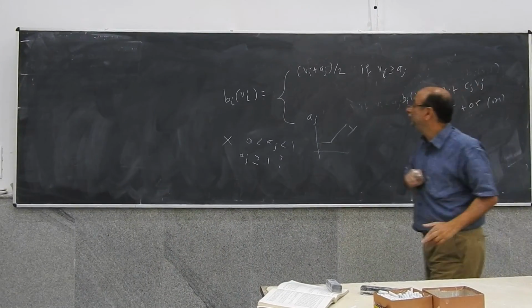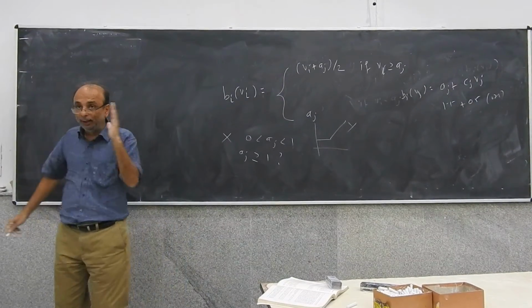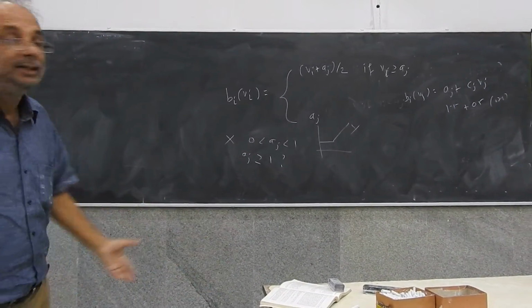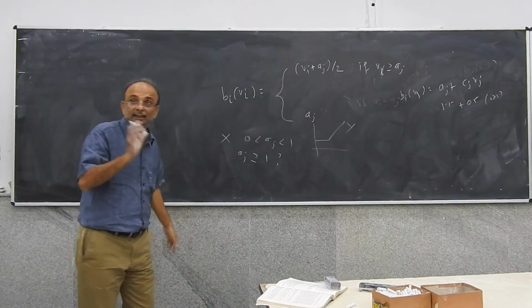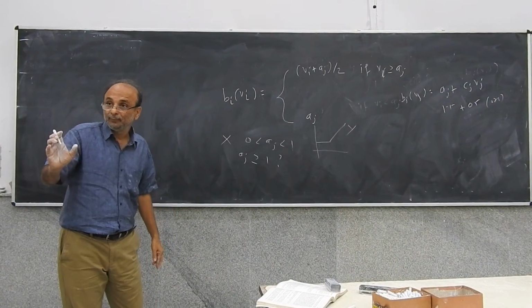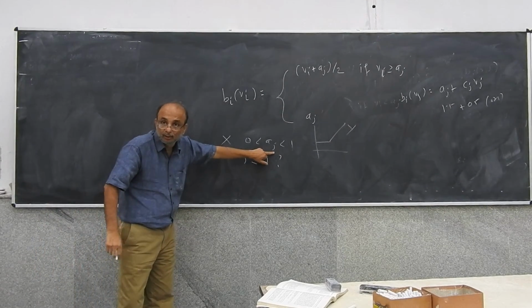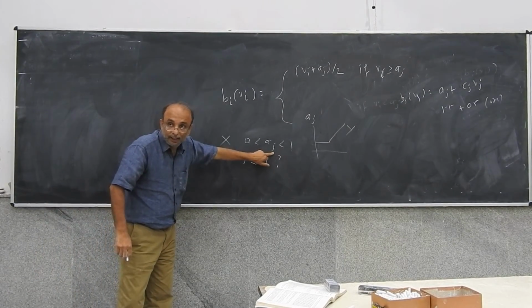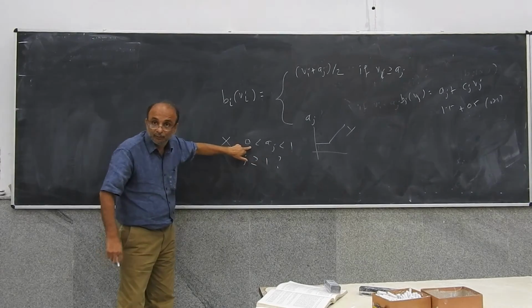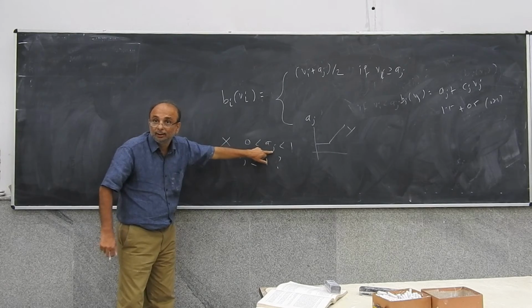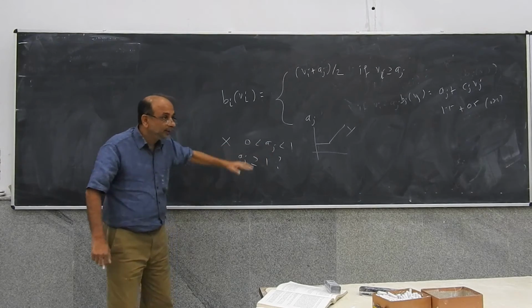So what does it mean? Aj lying between 0 and 1 is ruled out.